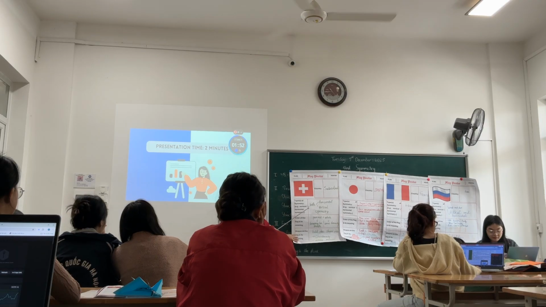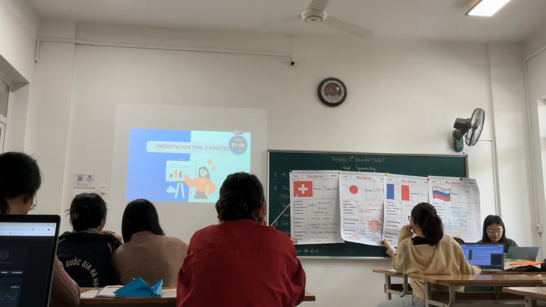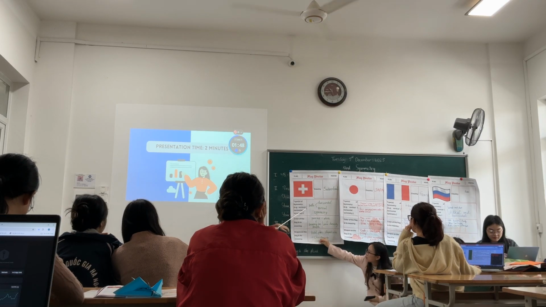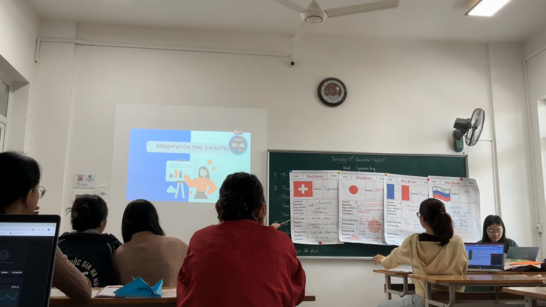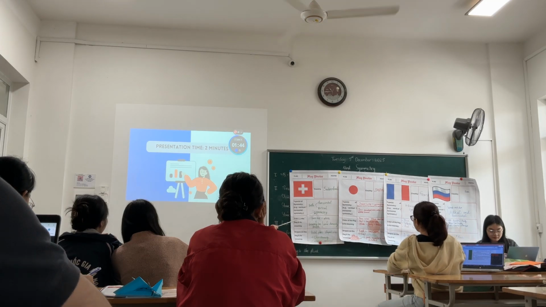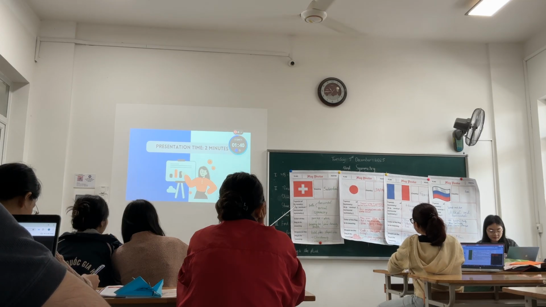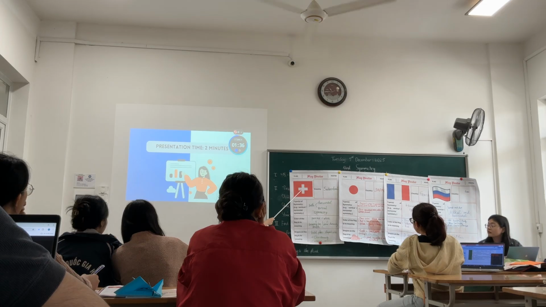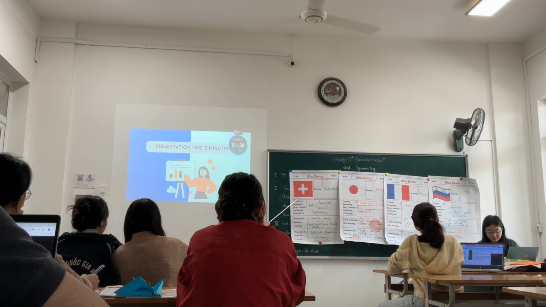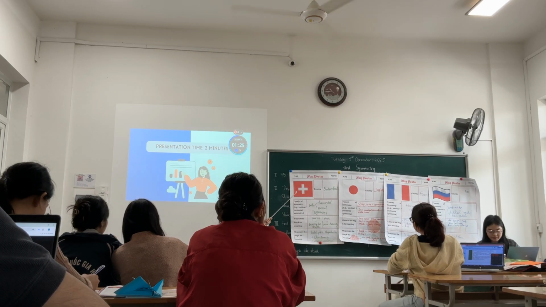So the Switzerland flag is symmetrical across both horizontal and vertical symmetry. So the Switzerland flag will also have two colors. The first one is red color here and white color. Actually, it's the pure red. Yes, and the pure red here symbolizes the bravery, the love, and the strength.